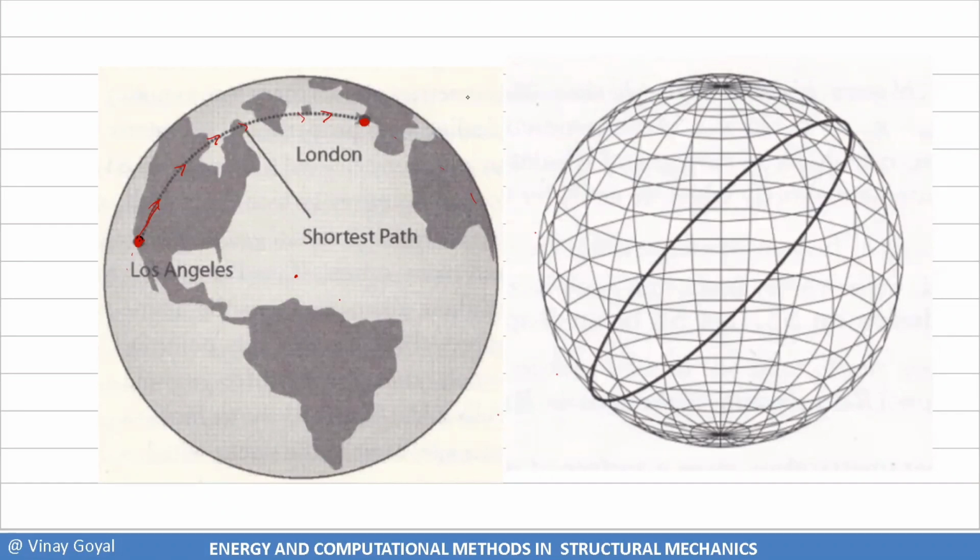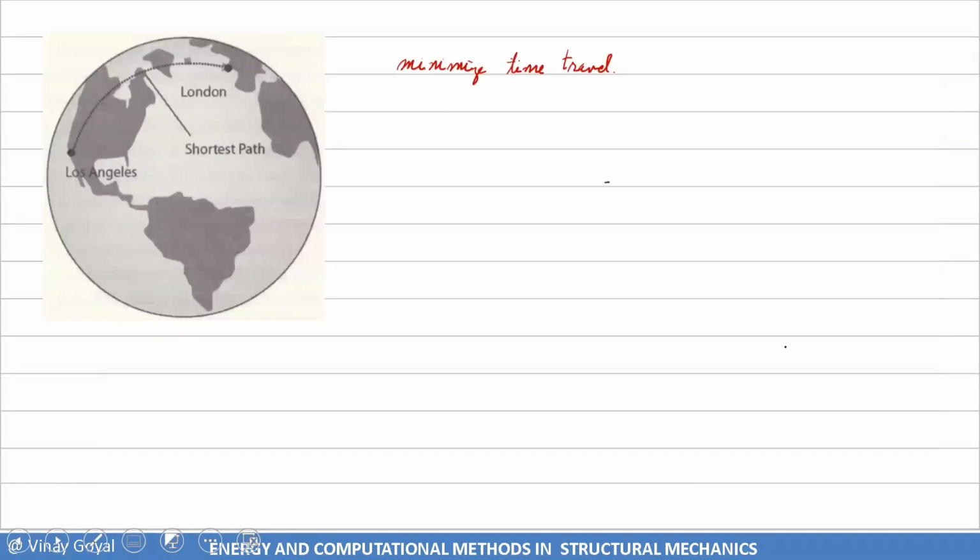What I want to look at is the minimum distance between these two cities, and one way to approach it is to find a parametric curve. As you can see, this is in space, so I could say that the parametric curve is given by x(t), y(t), and z(t).